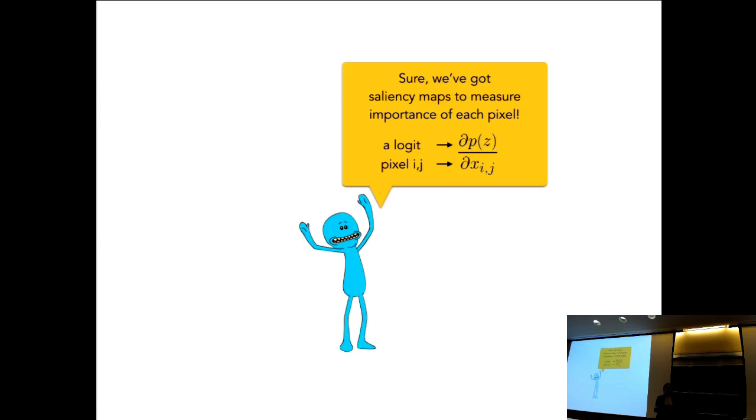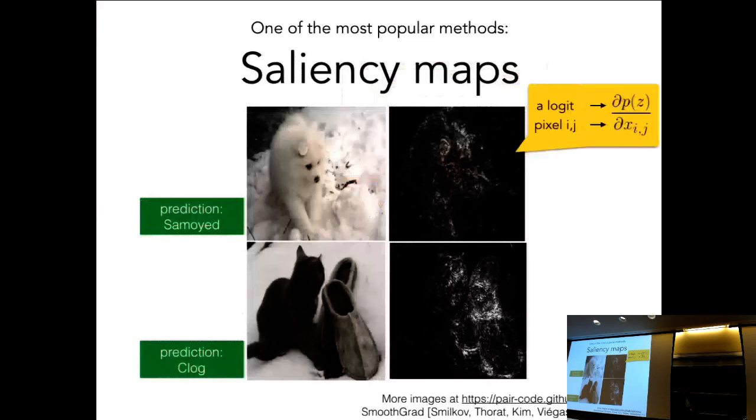You take the logit layer of a particular class, in this case the doctor class, and you take the derivative with respect to every single input pixel. That tells you, if I change this pixel a little bit, what happens to my score for doctorness? If it changes a lot, that means this pixel is important. If it doesn't change, then the pixel is not important. So it looks like this.